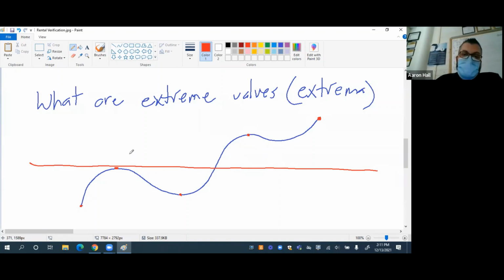Any guesses what extreme values are? What's another word for this point here? Or this point here? Or this point here?